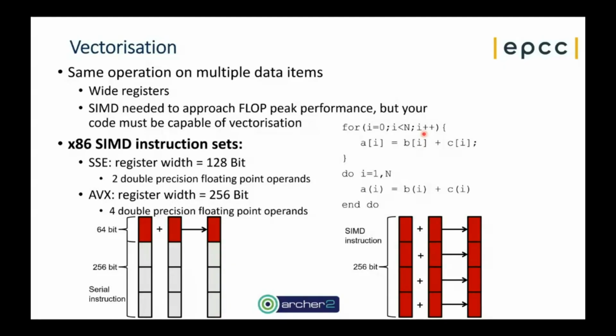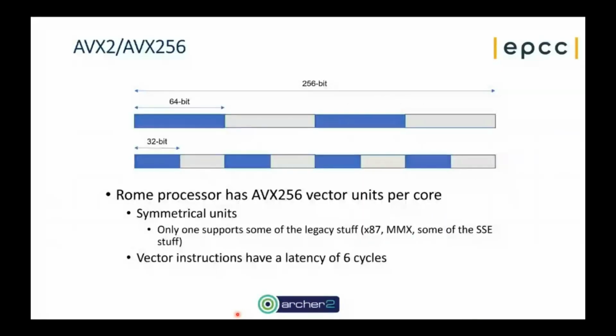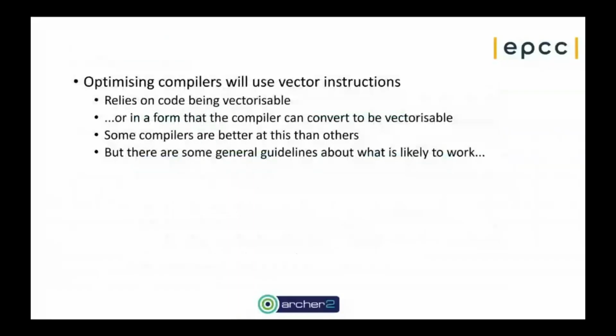So you're not getting very much speed there. If n is 1,000, then you've got much more scope for speed up, because after the first 6 instructions you're getting a result every cycle. So vectorization only gives you good performance for relatively large operations.